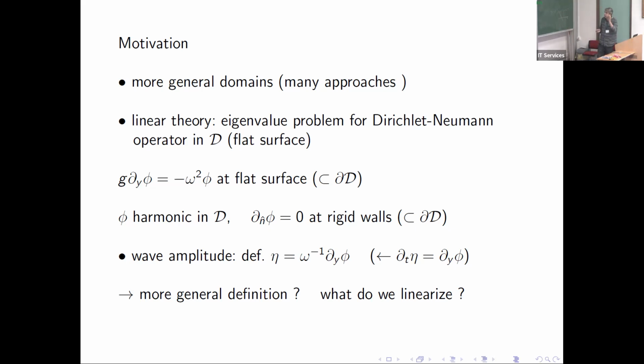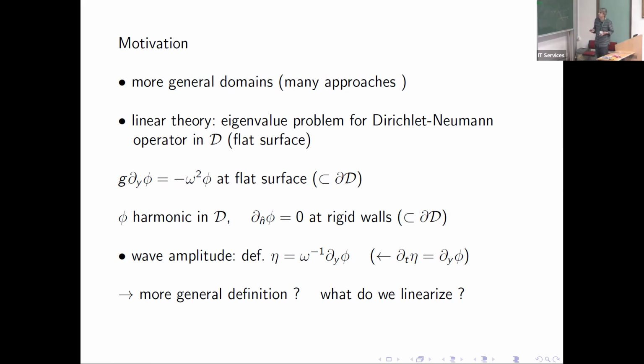So, but it's not defined, and this is sort of a problem with inclined walls, that somehow we need to think about the domain of x if we want to use such a simple expression for the wave amplitude.